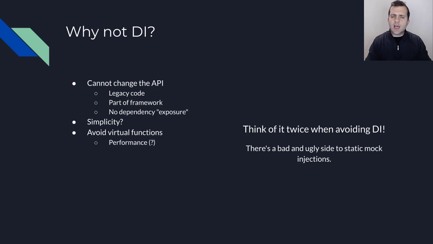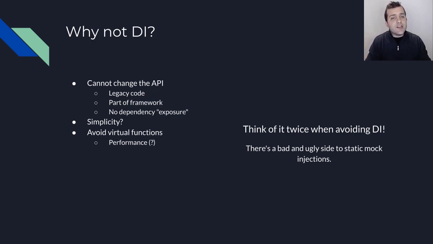However, what happens when you cannot use DI? Now, this is typically not the case, but may occur if you cannot change the current API. For example, you may be dealing with a legacy component or code that is part of a larger framework that imposes certain design choices incompatible with DI.